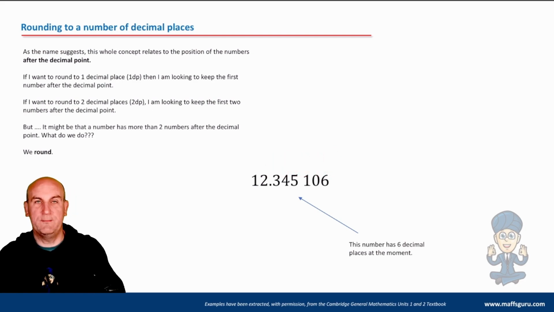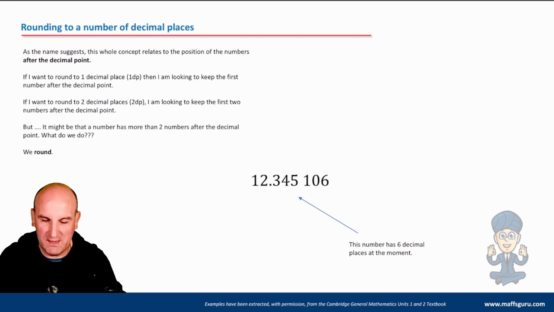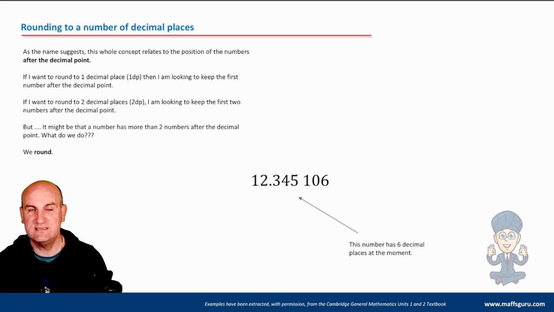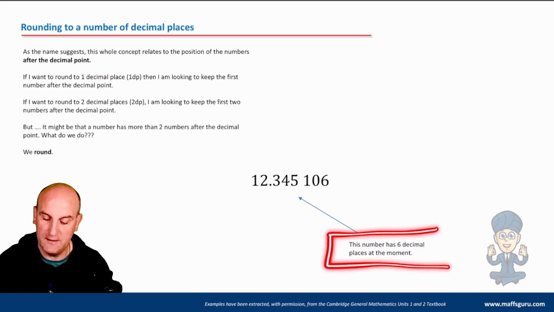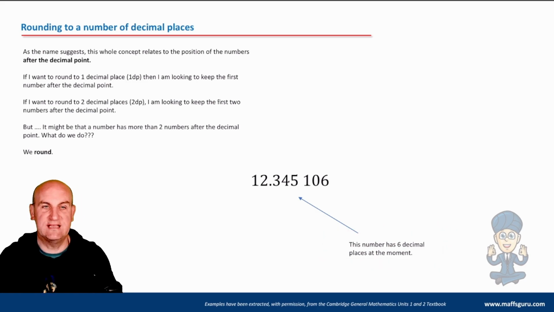The number 3 is at the front of the queue, the number 4 is one behind it, the number 5 after that. So the number 3 in this situation is our first decimal place, our 4 is our second decimal place, and 5 is our third decimal place, because it is the third number after the decimal point.